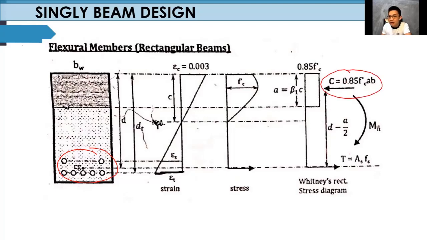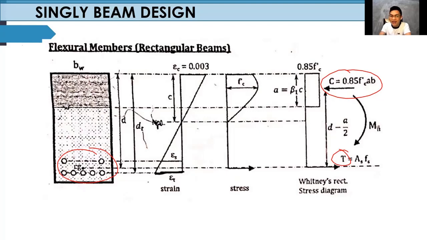And that is our tension. Tension bars natin yan. So, coming from these tension bars, take note na yung ating concrete, no? Wala siyang resistance when it comes to tension. 'Di ba?